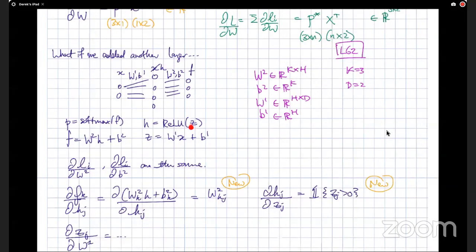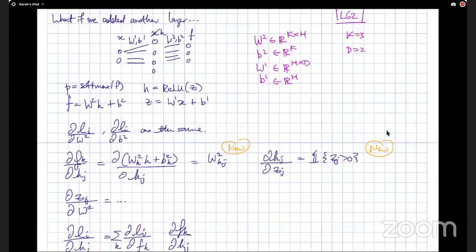I write z here, so I actually make it sort of two passes. So the h here doesn't matter anymore. And then once I do the h to z, then I have to take into account the ReLU. Yeah, sorry. It's actually not particularly necessary to do that, but I think it's a little bit cleaner.